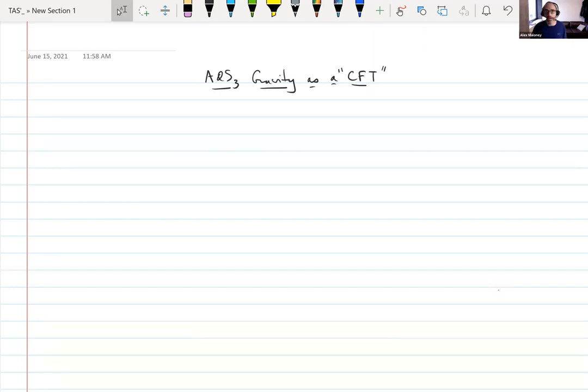So I think one very useful perspective on the AdS3 CFT2 correspondence, and this might be a slightly controversial perspective, is that it's something that is completely independent of string theory.